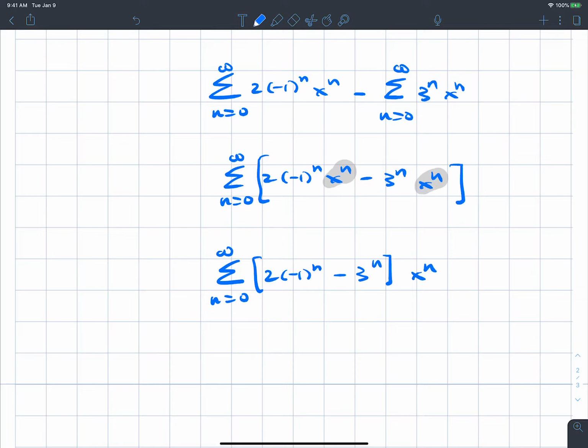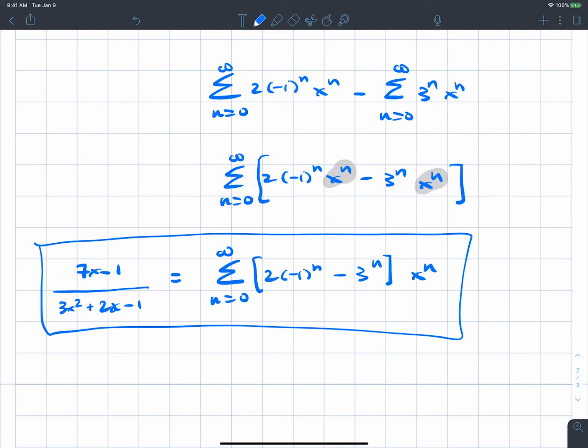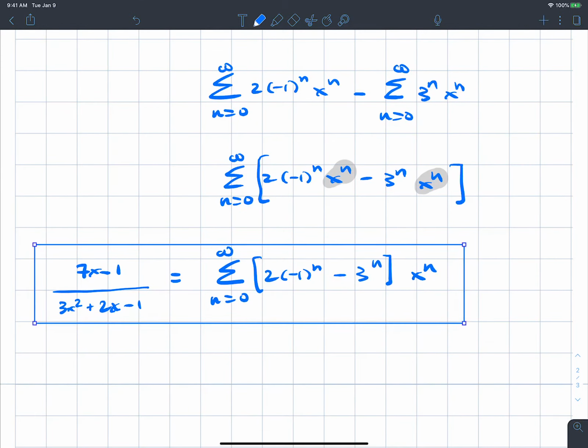That's going to equal 7x minus 1. Try to find the original function. It looks like it was 3x squared plus 2x minus 1. So we have a power series expansion.